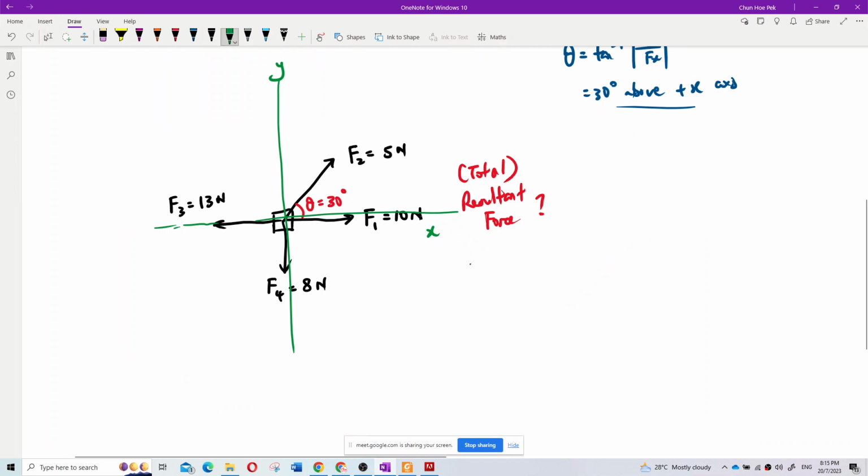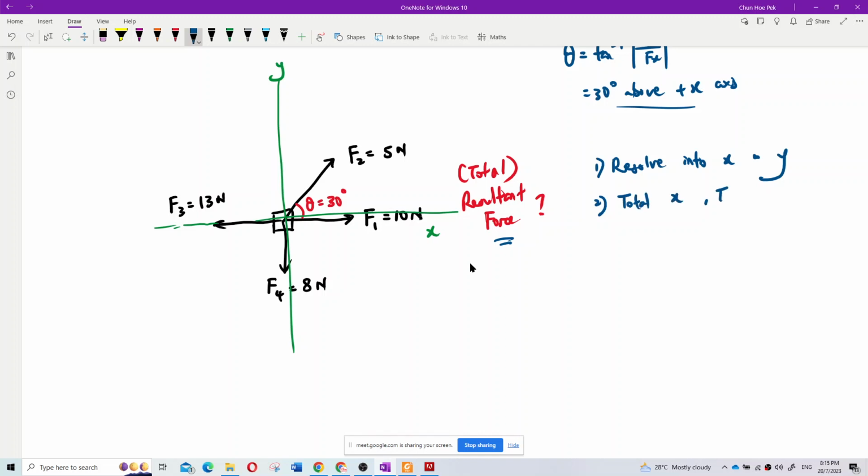So what's the first step again? To find the resultant force, we need to resolve all forces into x and y components, and then we find the total x and total y. Understand? Total x and total y.